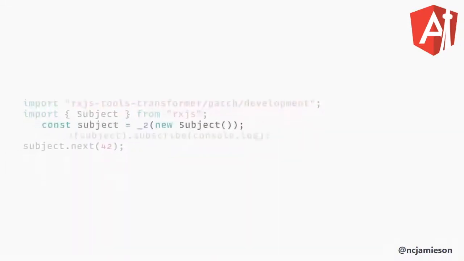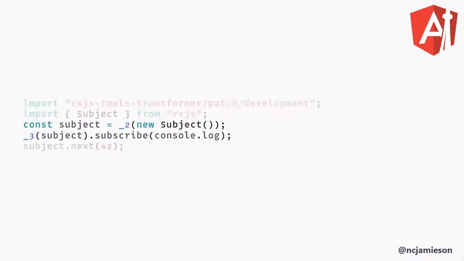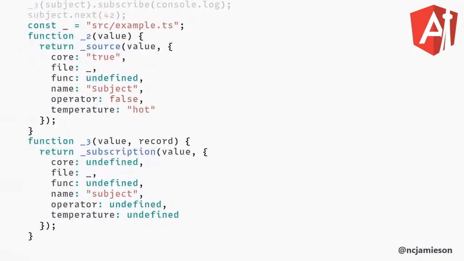The second thing it does is it wraps sources and subscriptions and operators in small functions that add some context and also capture the names of what you've got in your program. So those functions get added down the bottom of the file. You can see they capture whether or not it's a core source, whether it's a core operator, the name, the temperature, that sort of stuff.